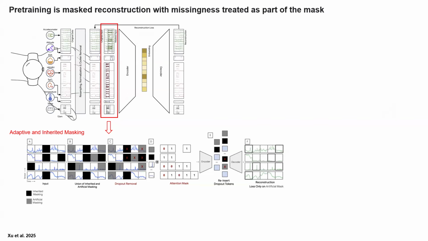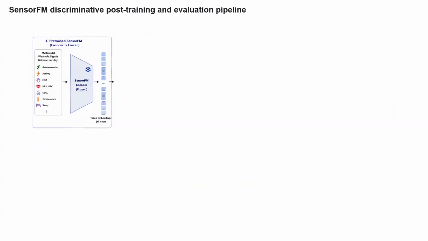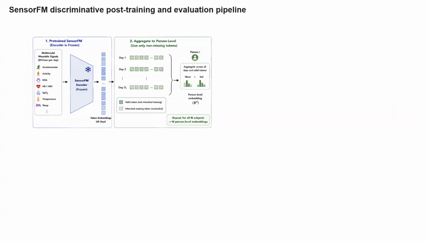Then after using the sensor FM, they retained sensor FM. Basically they freeze the encoder, and then they aggregate the information to the person level, using the non-missing tokens only for this purpose.